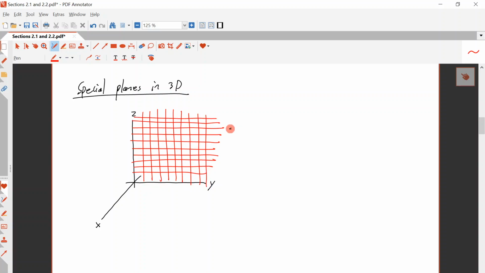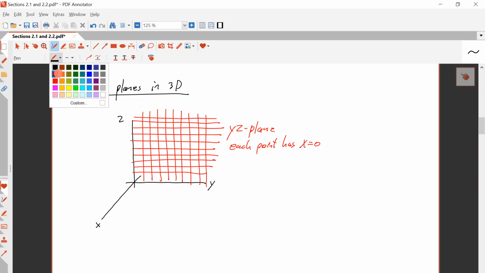And that's known as the YZ coordinate plane, or just the YZ plane. Each point has x equal to 0. Well, so that's the plane where x is equal to 0.